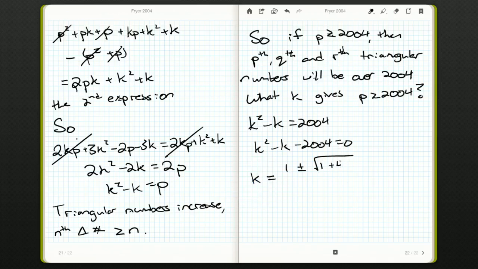So that's 4 times 2004, all over 2. So we'll likely get some weird number. And then we'll be able to take the next highest k value. That should do it.